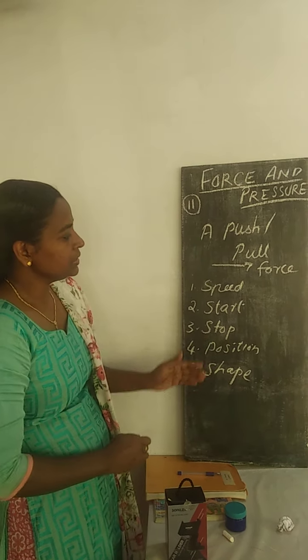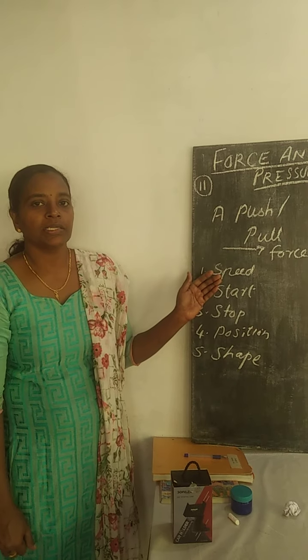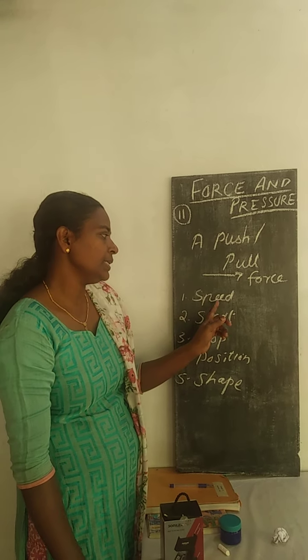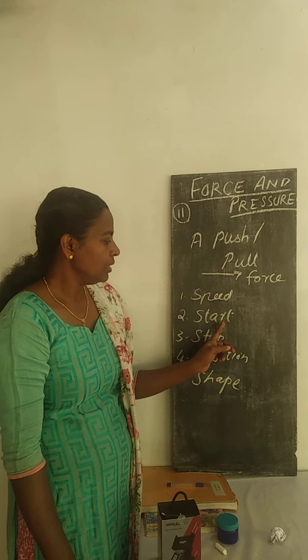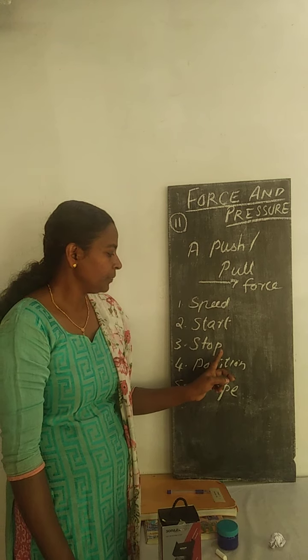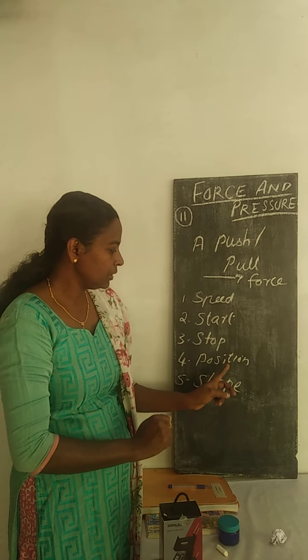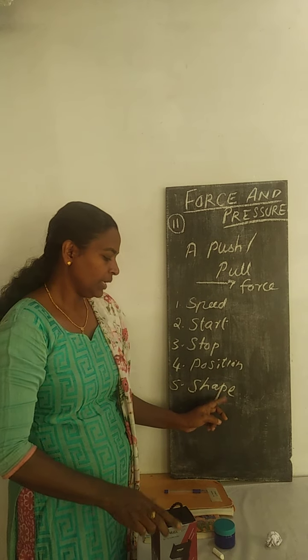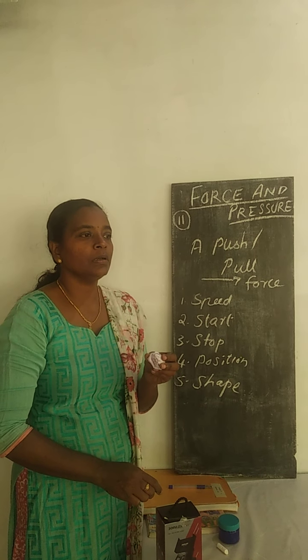The meaning is this: with the application of force, it is possible to change the speed of a moving object. We can start an object from rest. We can stop a moving object. We can change the position from one place to another. We can change the shape of the object.